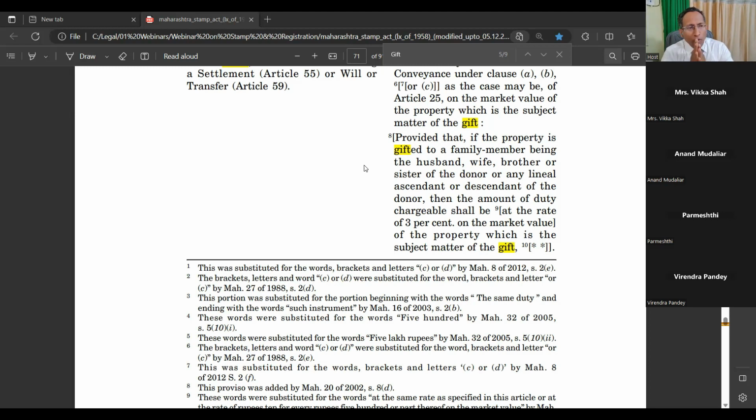So what happens in your case, which you described just now? The son has 50% share and the father also has 50% share. So both are co-owners. So what is happening is that he is not releasing his right.